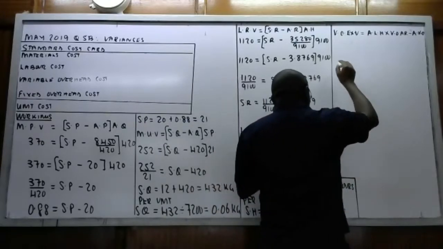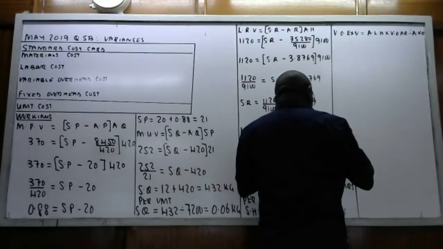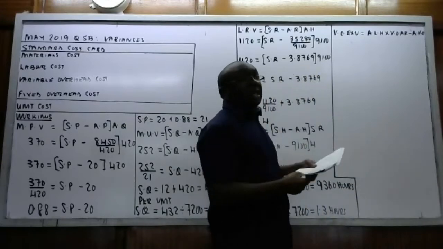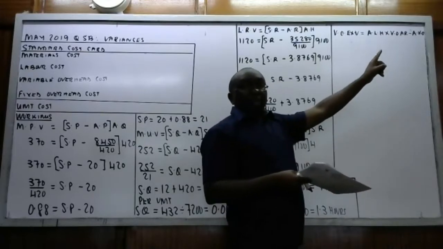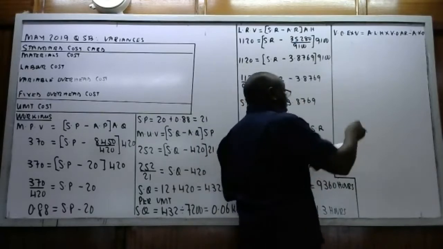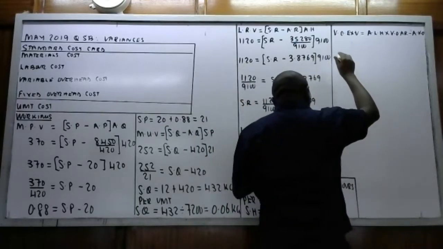So this then becomes, we are told it is adverse. So if it is adverse, the actual is higher. So mathematically, according to the way we mark my formula, it should be negative.